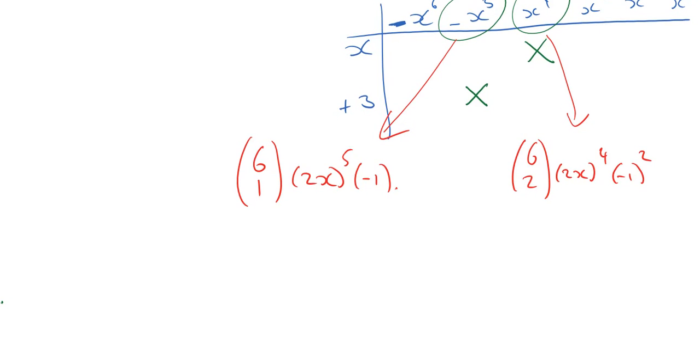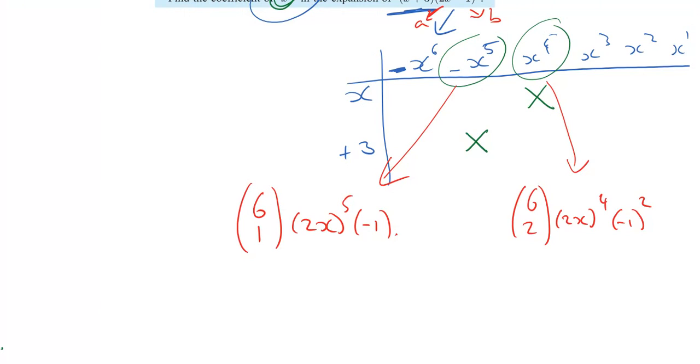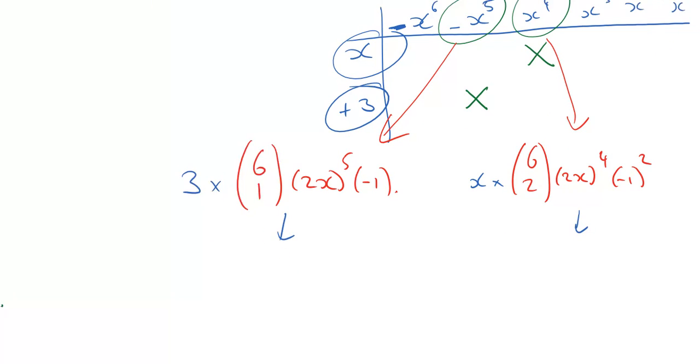We're only interested in coefficients, but let's work this out. The x to the 5 term, we thought about that being multiplied by 3. And the x to the 4 term, we thought about that one being multiplied by x. So let's keep that in mind as we work these out separately, and then we can just add them together.